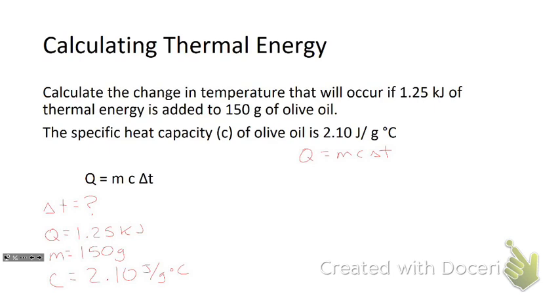So how are we going to get delta T by itself? We're multiplying delta T by mass and specific heat capacity. What's the opposite of multiplying? Dividing, okay? So we will divide both sides by mass and specific heat capacity.